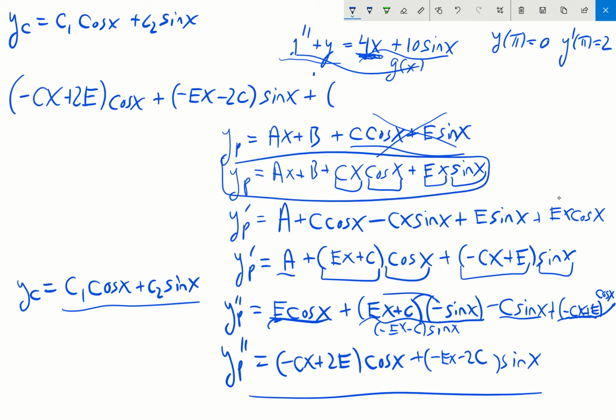Yp is this. So plus ax plus b plus cx cosine of x plus ex sine of x. This is supposed to be equal to 4x plus 10 sine x.